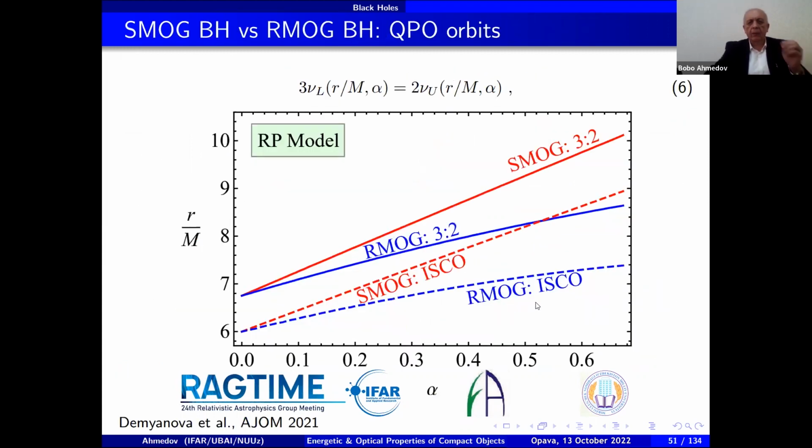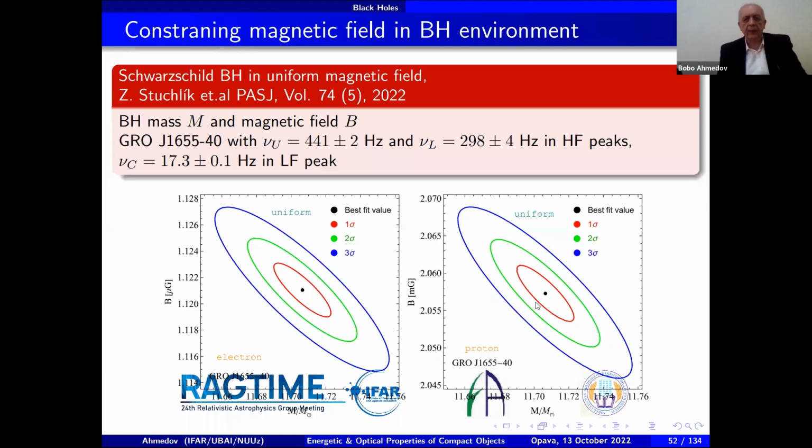What was very interesting, very recently there was a paper by a group of Zdenek Stuchlik and Arman Tursunov. They considered quasi-periodic oscillations when a black hole is embedded in a uniform magnetic field, and we have extended this. Now we are working on the extension of this work in order to get constraints on the magnetic field through this method.